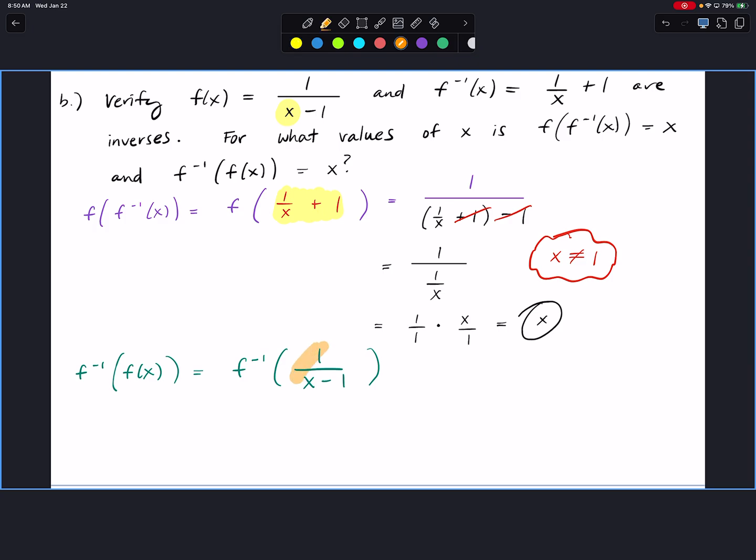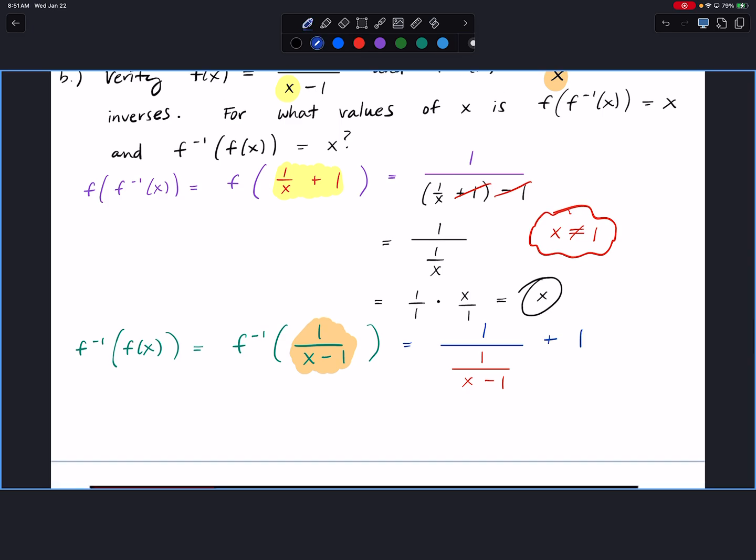So I'm going to take this and plug it into x in the inverse function. So this will equal 1 over x minus 1 and then plus 1.